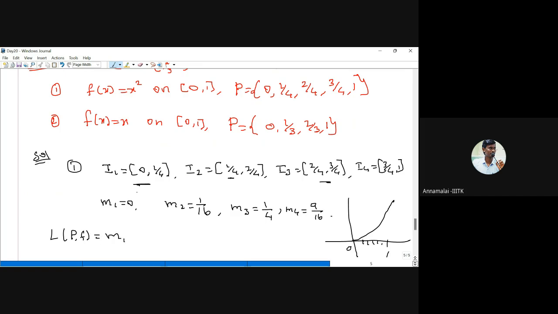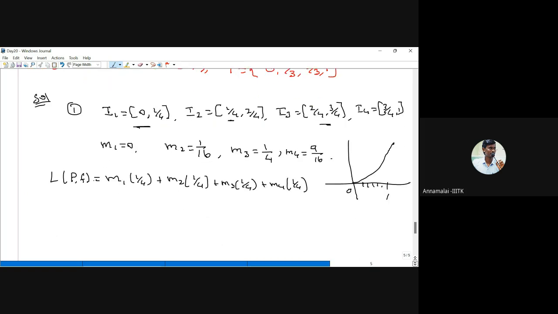m1 into the length of the first interval, which is 1 by 4. m2 into the length of the second interval; everything is 1 by 4 because all the lengths are 1 by 4. m4 into 1 by 4. Now, substitute the values of m1, m2 here. So 0 into 1 by 4 is 0, plus 1 by 16 into 1 by 4, plus 1 by 4 into 1 by 4, plus 9 by 16 into 1 by 4.